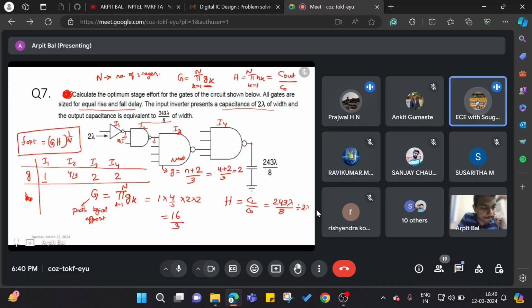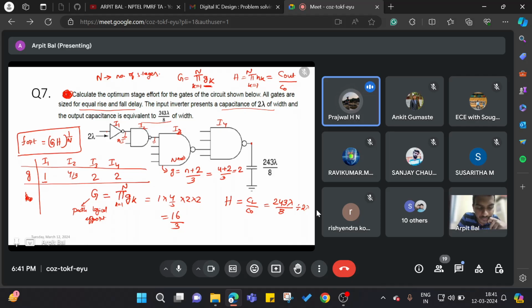So sir, its own parasitic will not be considered as load because we are including it in its own parasitic effort, right? Correct. That parasitic effort term is already kept separate, like GH plus P, so it's already captured. So we are not approximating the electrical effort, which is given as load by input capacitance, right?